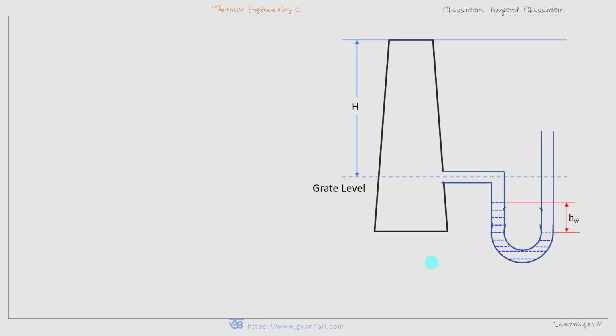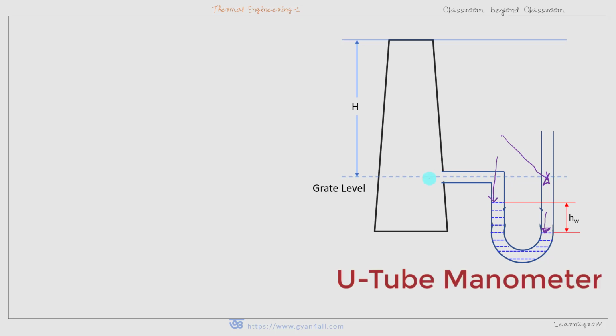Now if we use a water tube manometer, that means the content of the tube is water, this is the atmospheric pressure acting on the surface of the water at the right end of the tube, and at the left end this is the pressure inside the chimney, which we represented by PA, and this is P2.